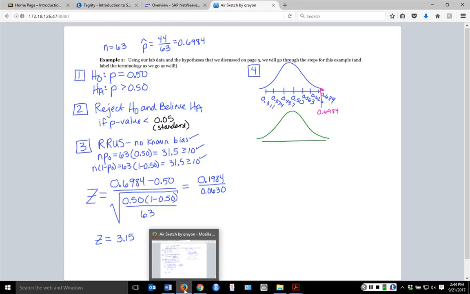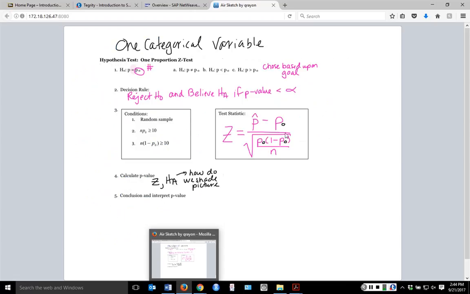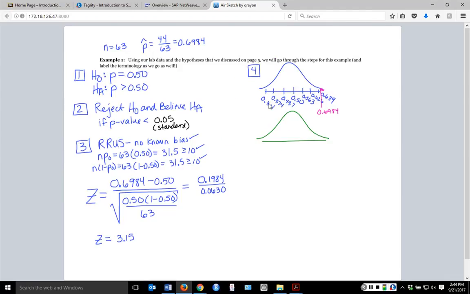If I look back here at my equation for this, I'm just going to plug each of the numbers along the bottom that I had in here for p hat. So I'm going to plug in the 0.311, the 0.374, the 0.437, each of these numbers, in for this formula where I have this 0.6984, and see what I get out. Now when I do that, my 0.5, I'm going to take 0.5 minus 0.5.